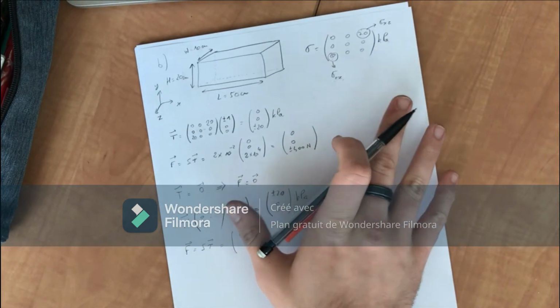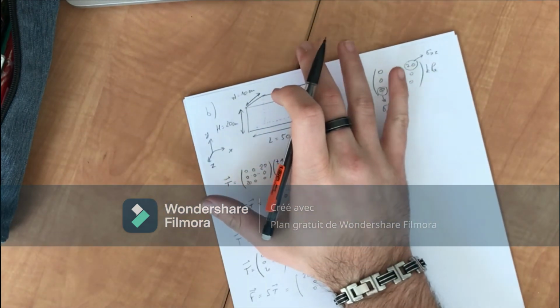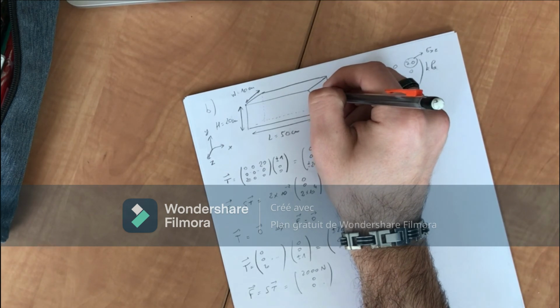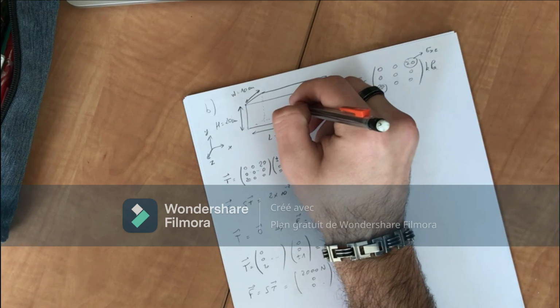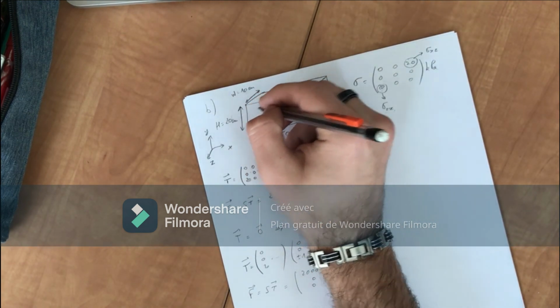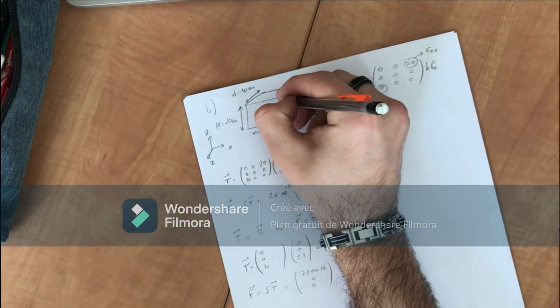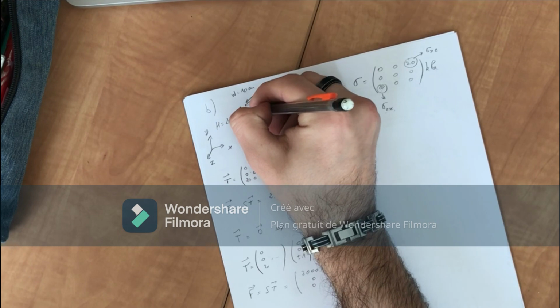So we will have a shear in the xz plane, like that. Remember that nothing is in the y-axis, so we'll only have something on these faces and these faces. So we have here a shear like that, and here a shear like that.